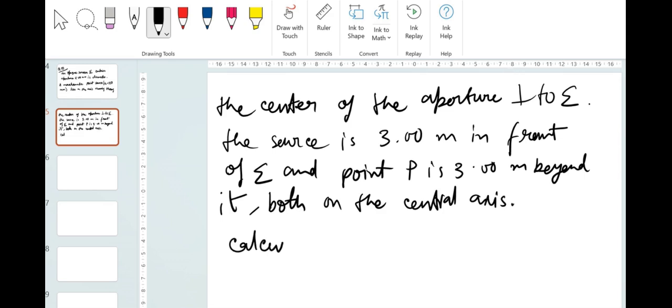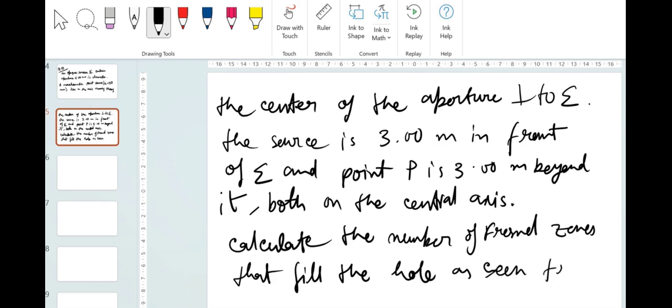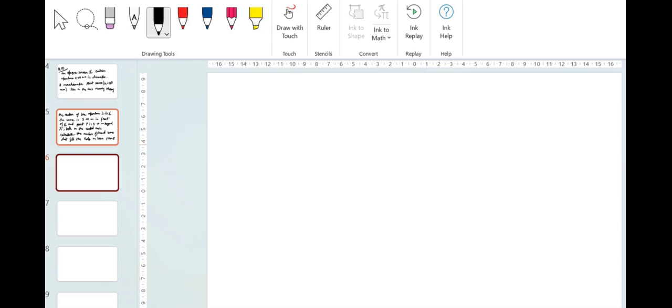Calculate the number of Fresnel zones that fill the whole hole as seen from P. Will there be a bright spot?